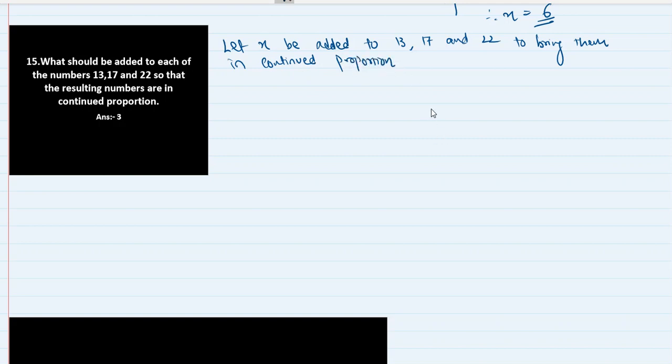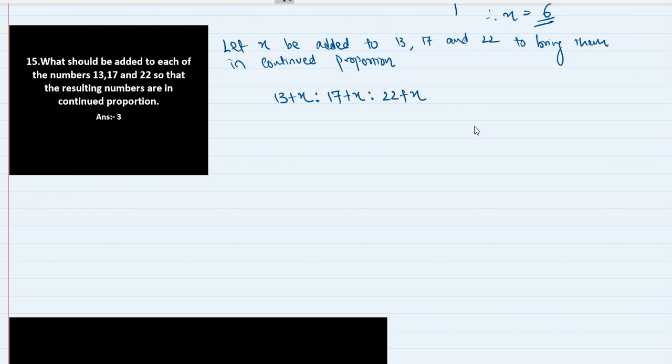Let x be added to 13, 17 and 22 to bring them in continued proportion. So we get 13 plus x is to 17 plus x is to 22 plus x.